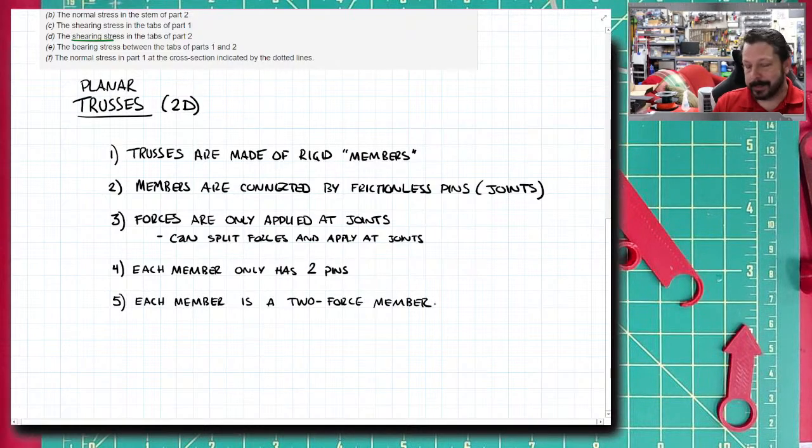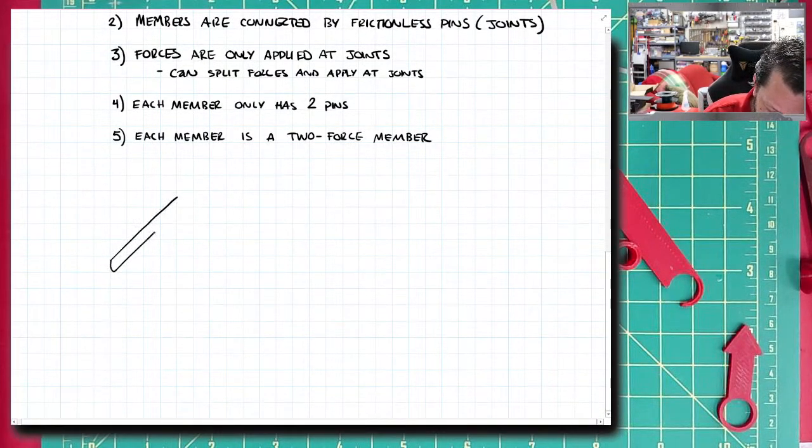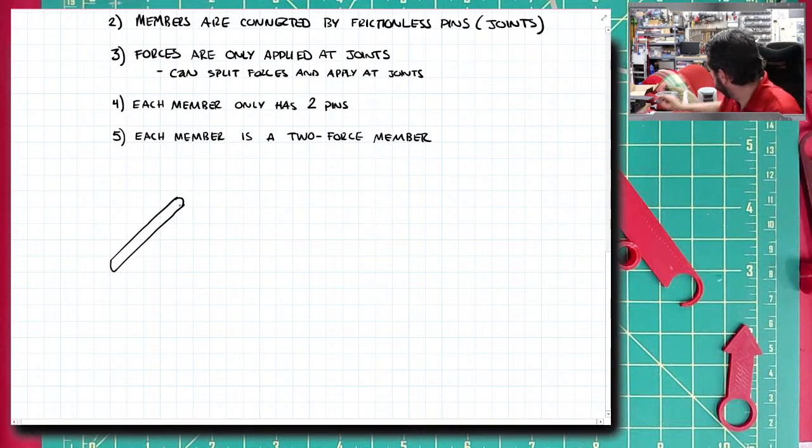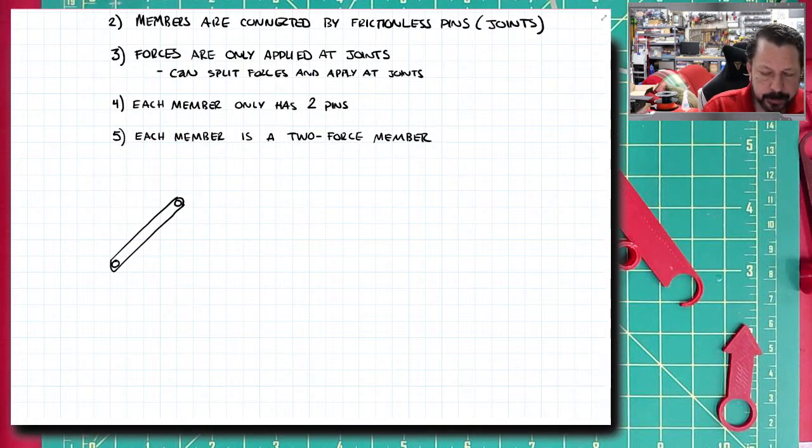And so what that means is, let's just pick a member. Each member has these 2 pins, one at one end, one at the other end. And we haven't really talked a whole lot about how you model reactions at pins or anything like that.